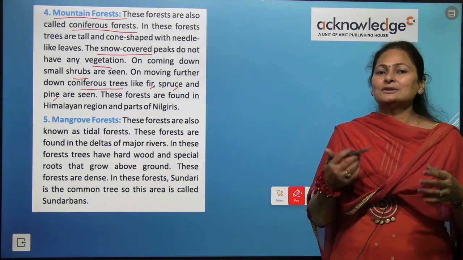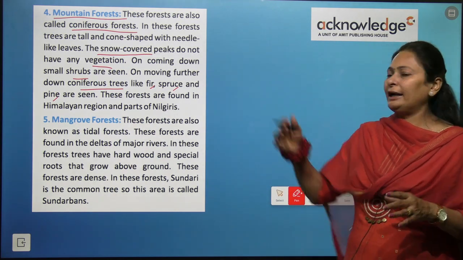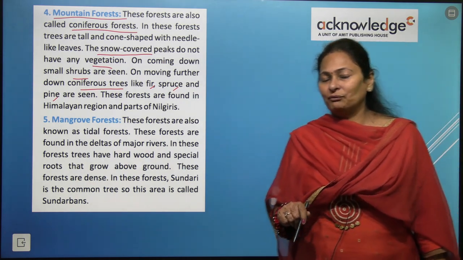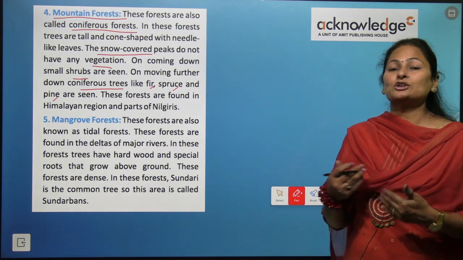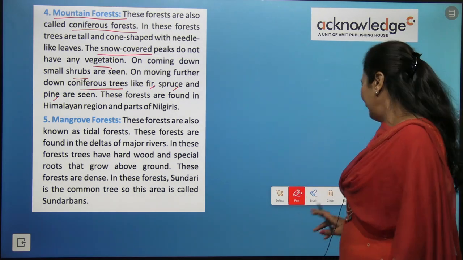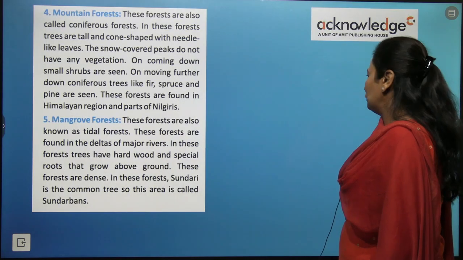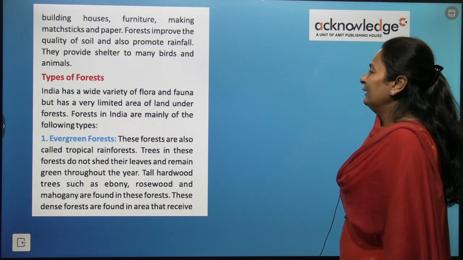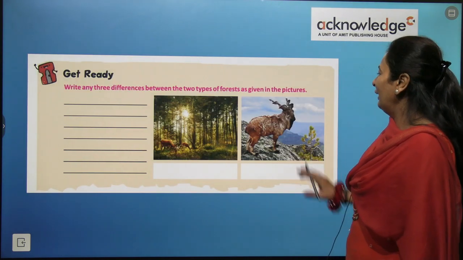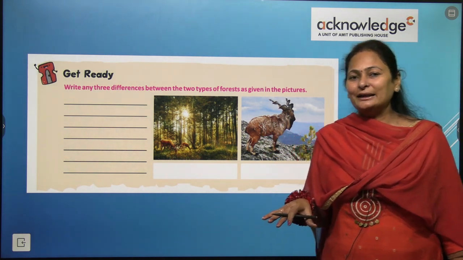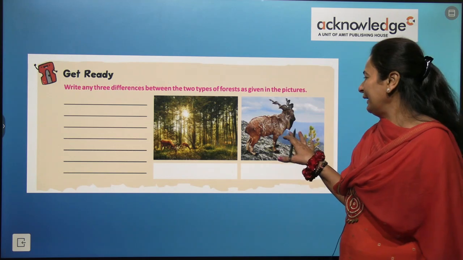So in the Himalayas or Nilgiri Hills, you'll find these type of forests, right? So we call them mountain forest or coniferous forest. Now, move to the first picture. Get ready, right? Now, you will identify this. This is the mountainous forest, right?